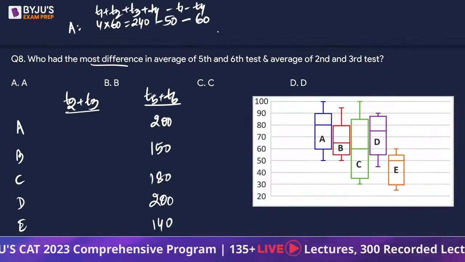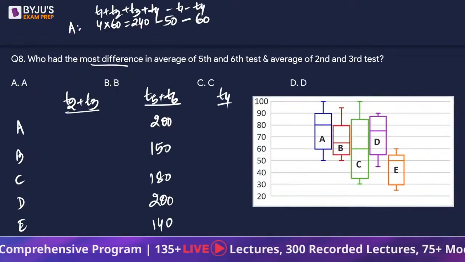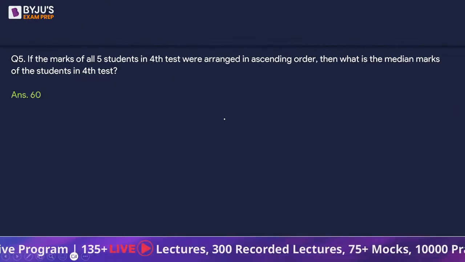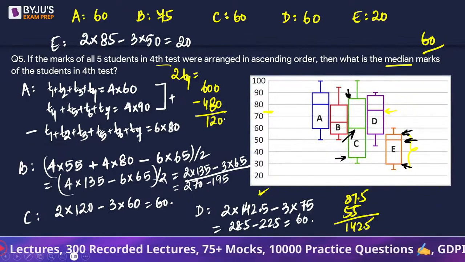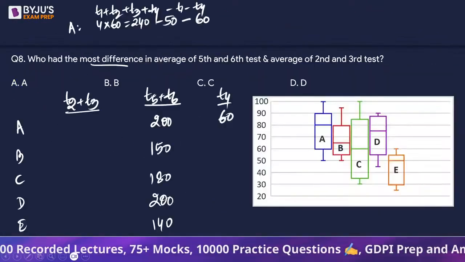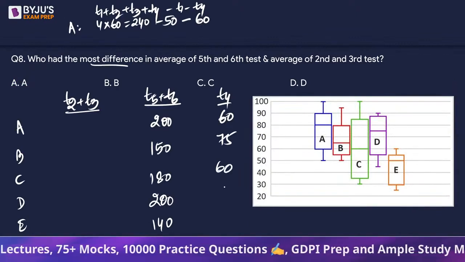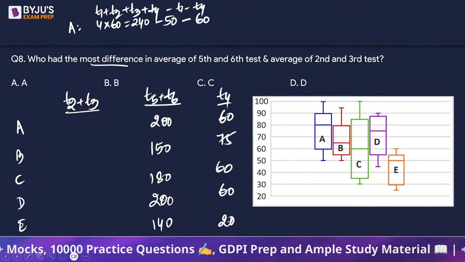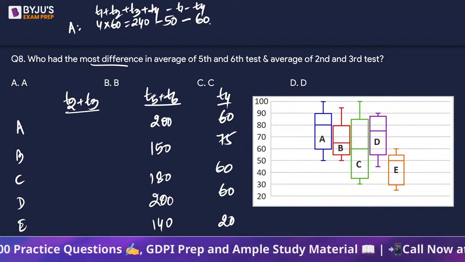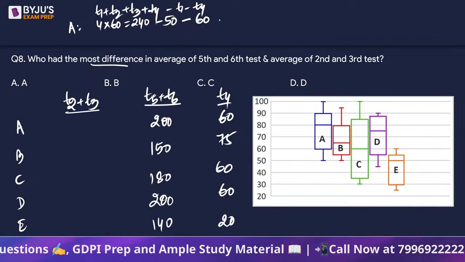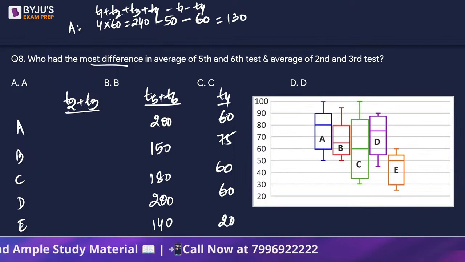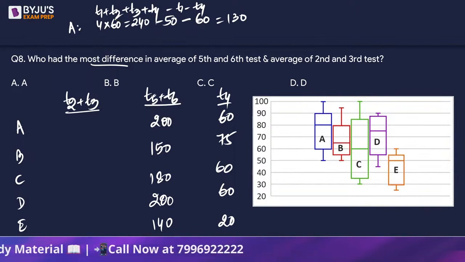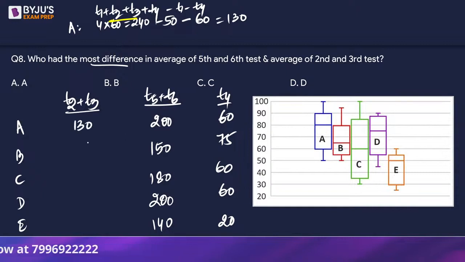So we'll put 60 here. I'm going to write T4 here as well, so that I don't have to go back again and again. So we got 60, 75, 60, 60, 20, okay? So 240 minus 110 will result in 130. So the sum of T2 and T3 will be 130. So this is 130.